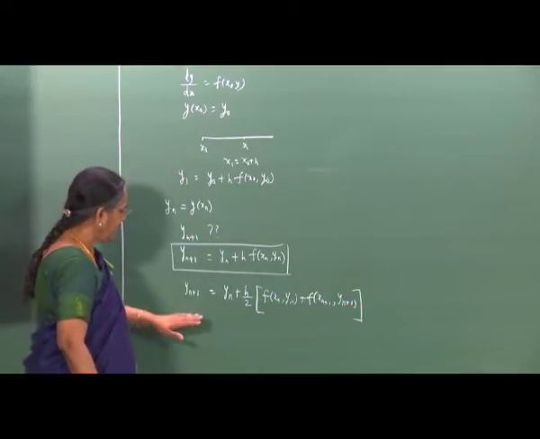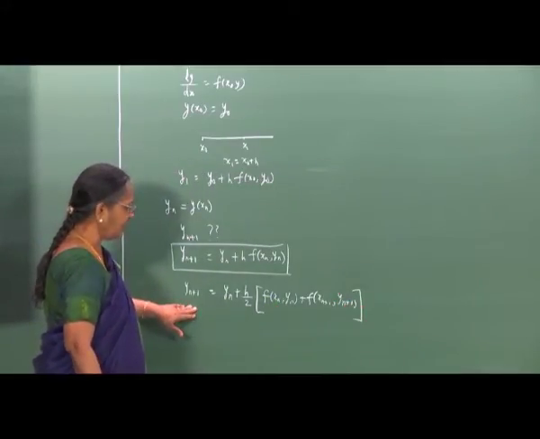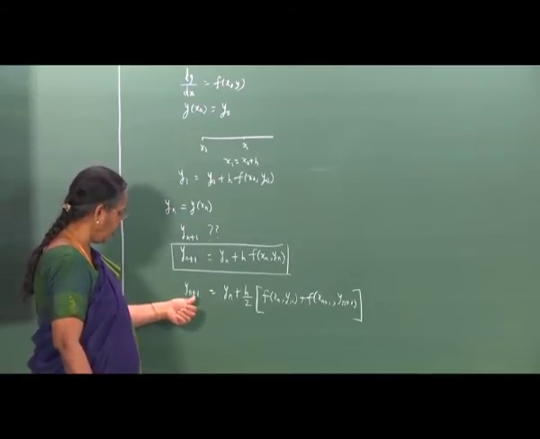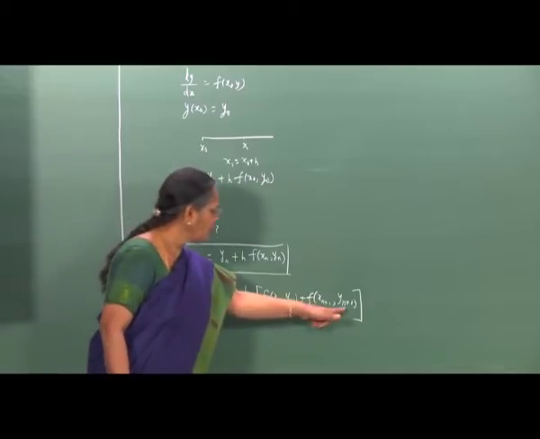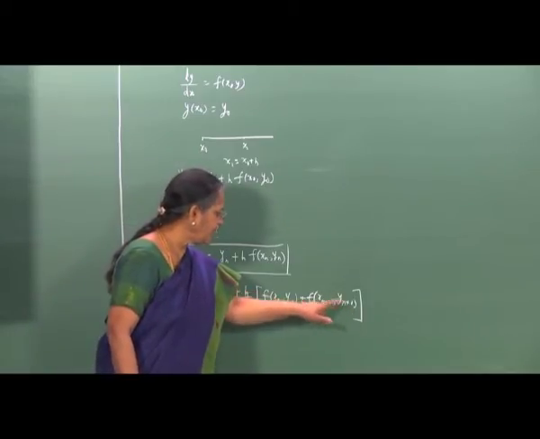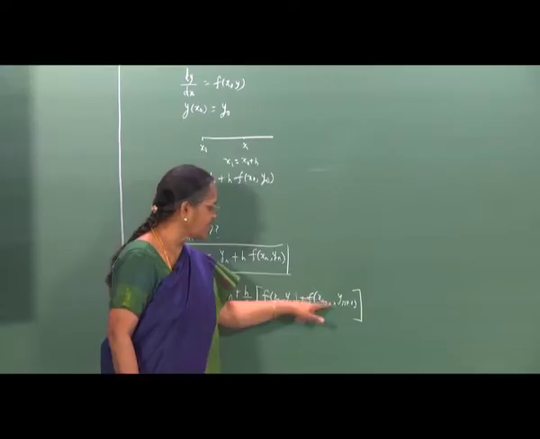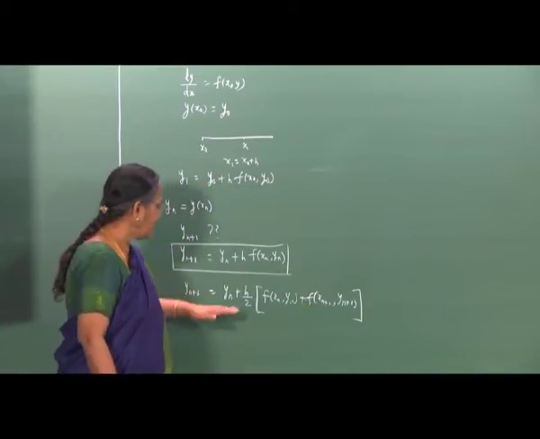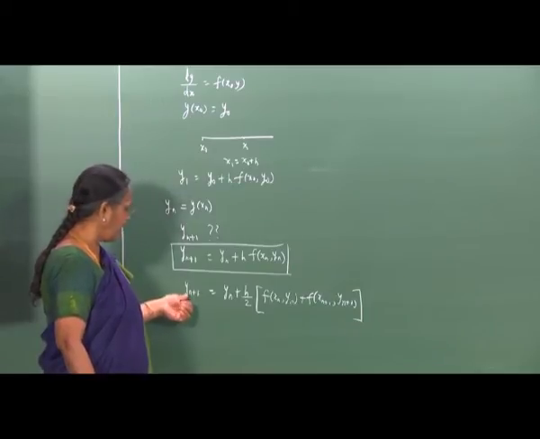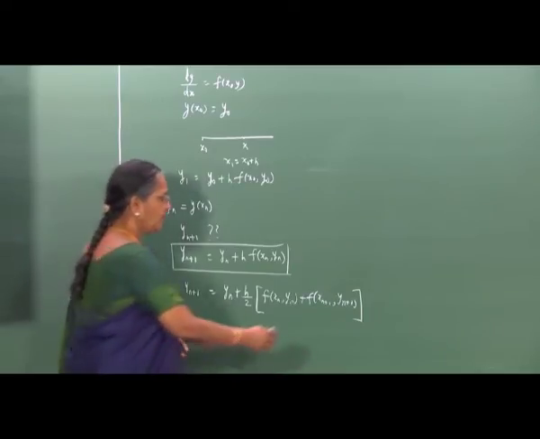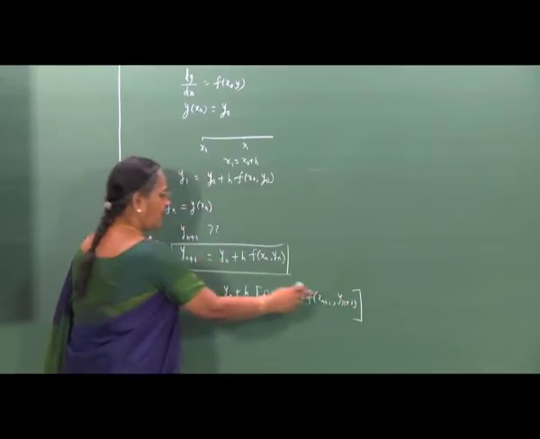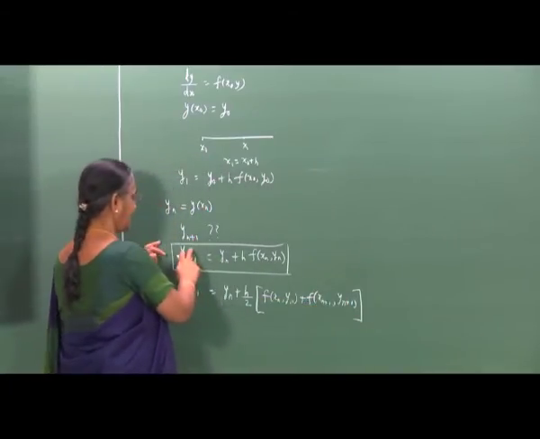And we observed when we derived this formula that the unknown yn plus 1 appears not only on the left side, but it also appears here, and we need the value of the function at xn plus 1 yn plus 1. But our goal in deriving the method was to obtain what yn plus 1 is. So, this suggests that we can use the value of yn plus 1 as predicted by Euler's method.